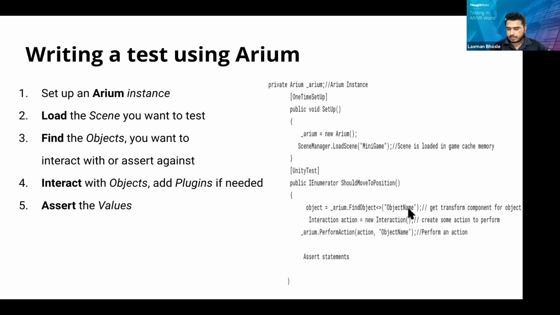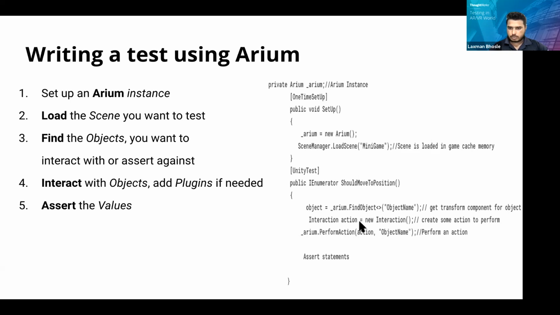Name is the identifier for that particular game object. And then we have to create interaction. We have to define some action, like in our normal application, click, double click, gaze, dwell, this type of action, and we have to use this action in the action perform method.